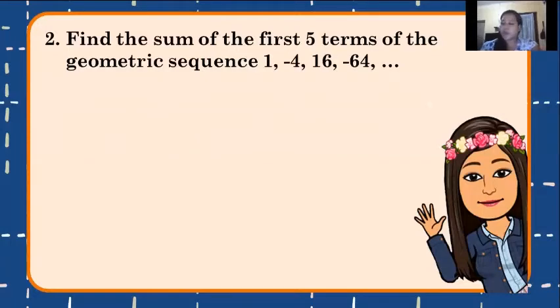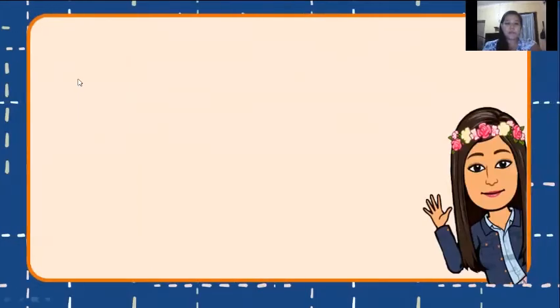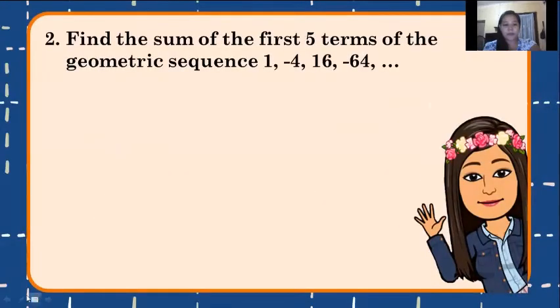Okay, so let's write first our given. For our a sub 1, we have here 1. Then for our n, we have 5.